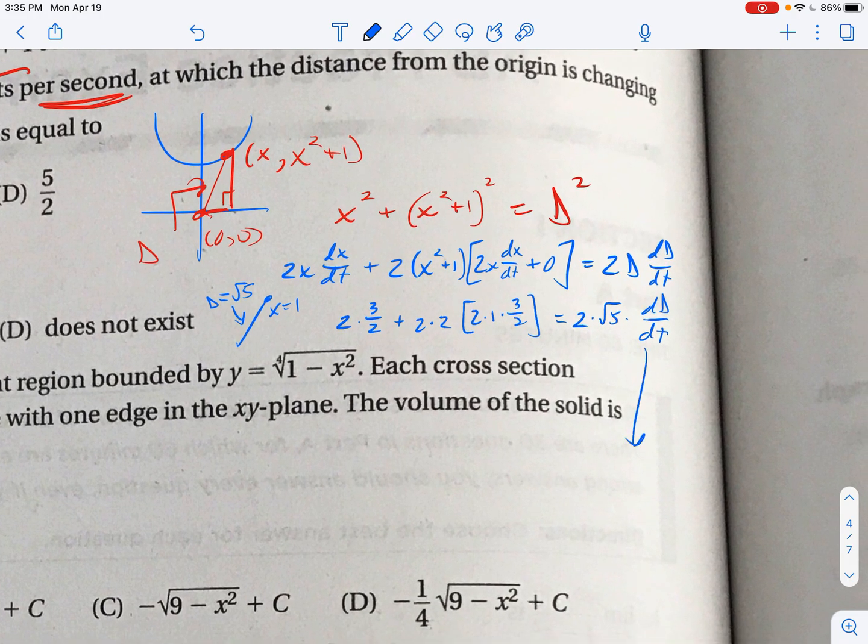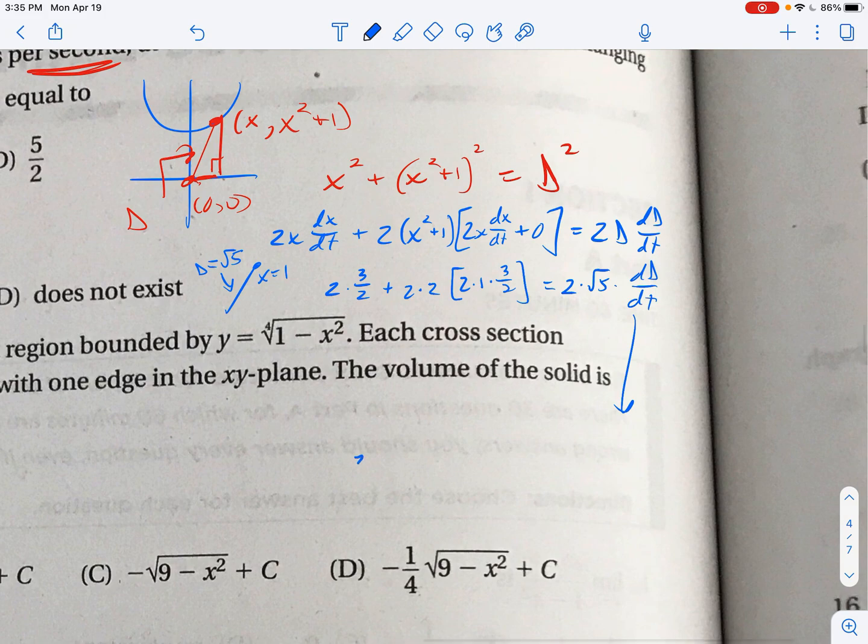So continuing down here, I have 3 plus 4 times, what do I have in here? 3, that's 3 in there, equals 2 root 5 dd dt. So it looks like I have 15 equals 2 root 5 dd dt.